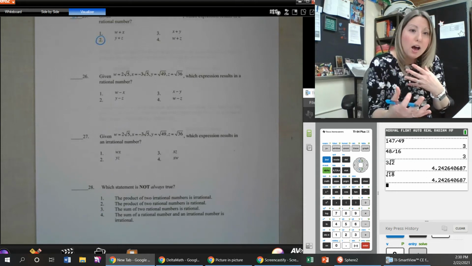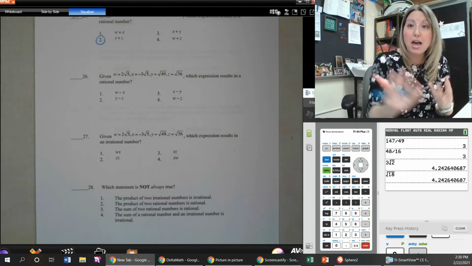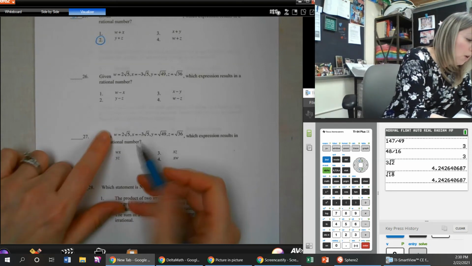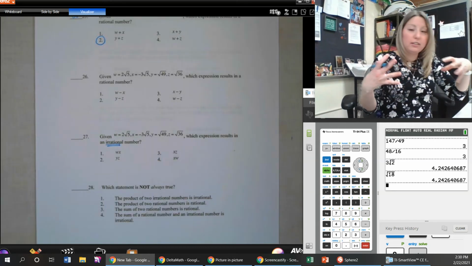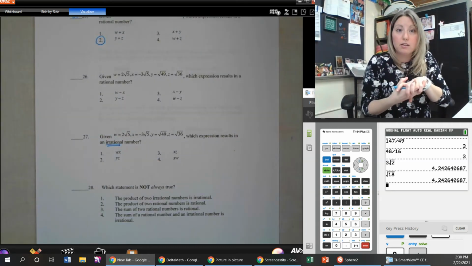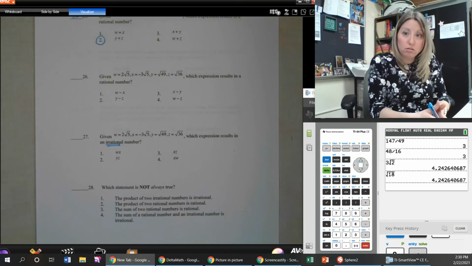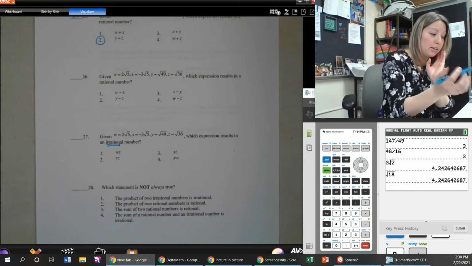And if you have a like result under the radical, a like radicand, you automatically get a radical result. So if I want an irrational result, I need to have a mixing of the rational and irrational multiplied together. I need to have that mixing.